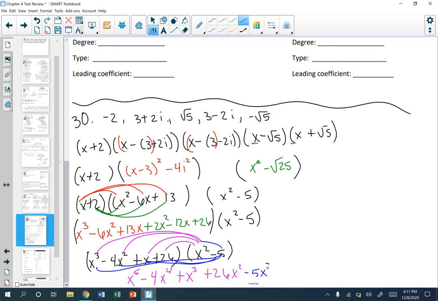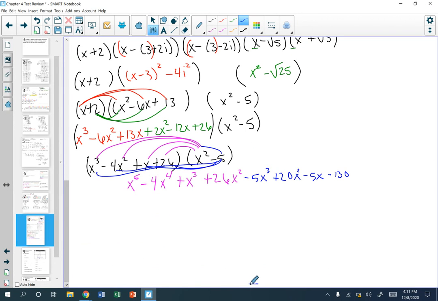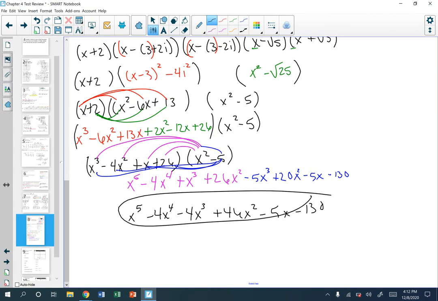Negative 5x cubed plus 20x squared minus 5x minus 130. Now we need to combine all our like terms to get x to the 5th minus 4x to the 4th minus 4x cubed plus 46x squared minus 5x minus 130. Whoop. All right, so I know that was a lot of work, but persistence is key and it pays off.